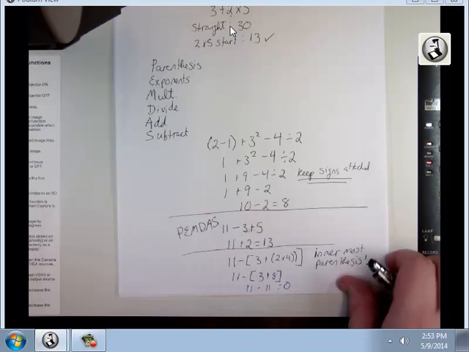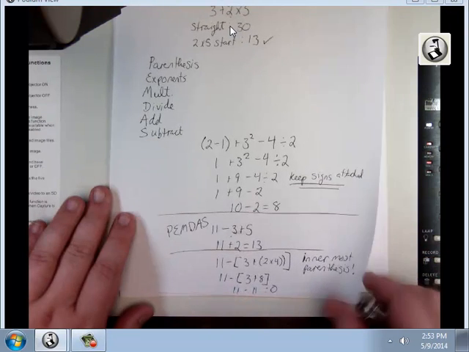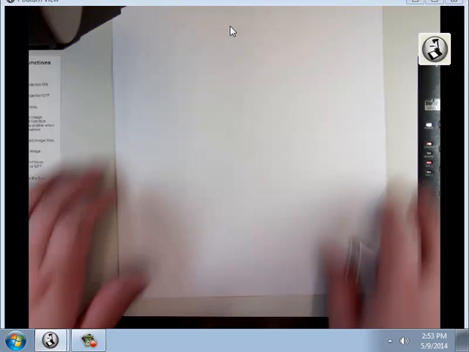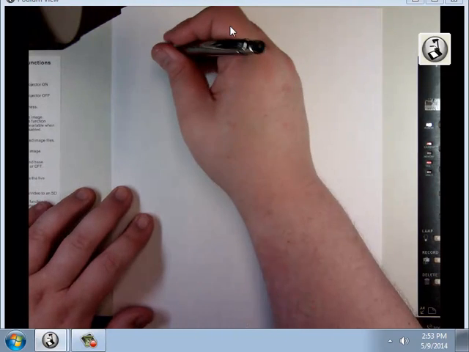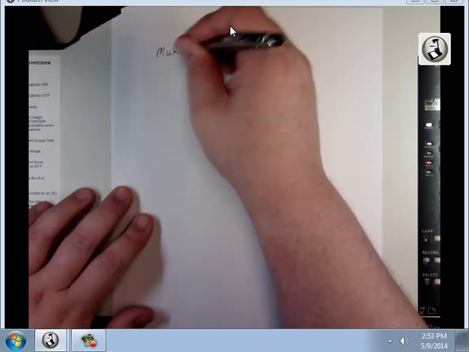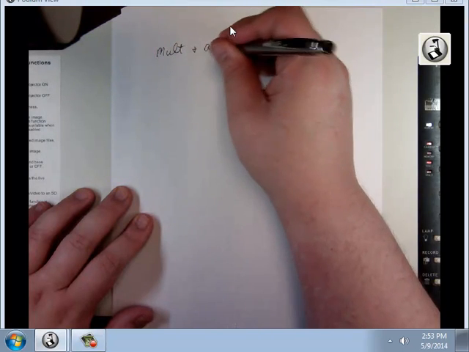Okay, now we're going to move on to a couple of other topics related to order of operations. Let's talk about some special things with multiplication and addition.